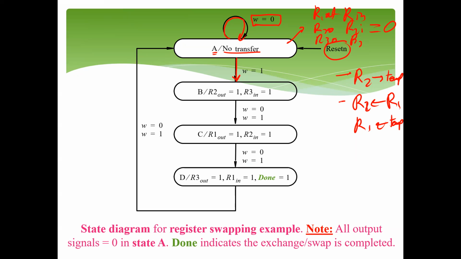Okay, so I have 3 steps. That means I need 3 cycles to do it, and that's what's happening here. Let's take it step by step. Now, state B, I will make R2 out equal to 1, R3 in equal to 1. Meaning what? Meaning R3 will take on the value of R2.